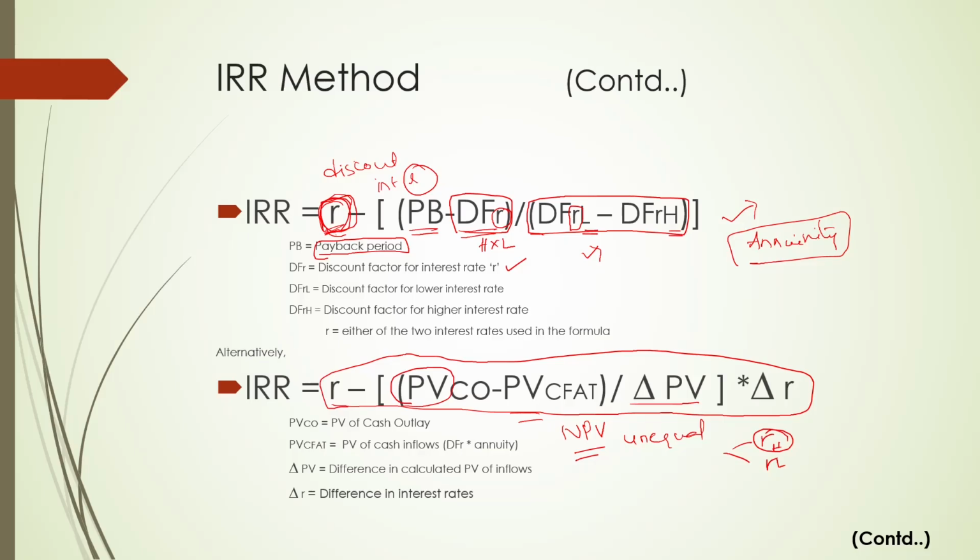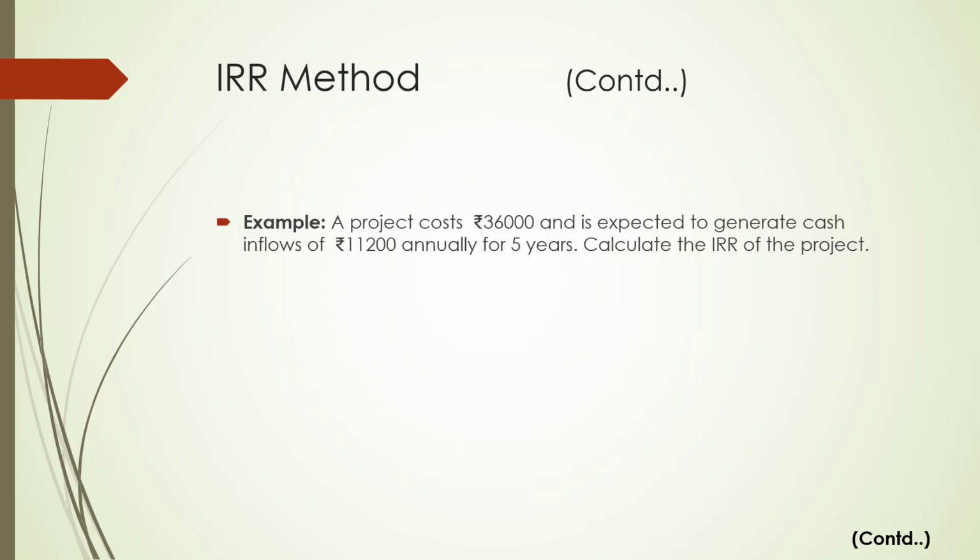First, let us check this procedure with a simple example of an annuity. Means it has equal cash inflow. Fine. So here is a question example they gave. Project cost is 36,000. What do you mean by project cost? That is the investment. So your investment requires 36,000 to start a business.